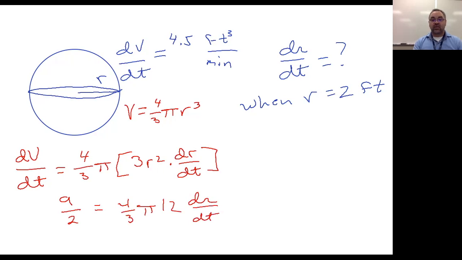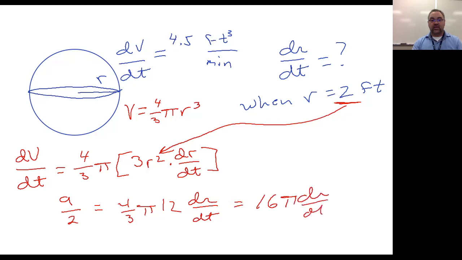Just plugging in the 2 right here. You square it, you get 4 times 3 is 12, and then notice that the 3 would cancel here. And so we get 16 pi dr/dt. So just divide by 16 pi to the other side.